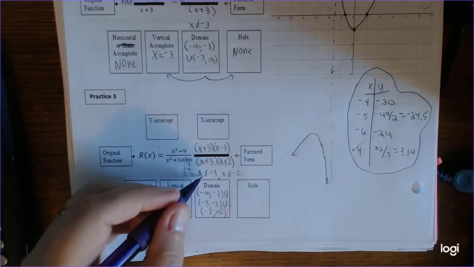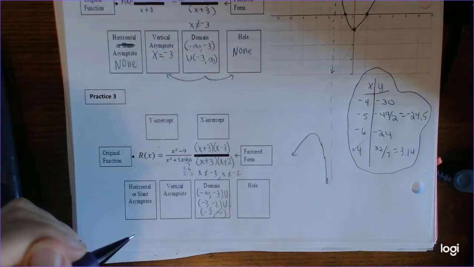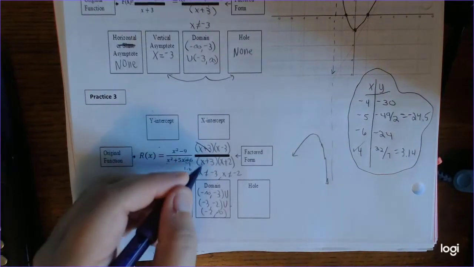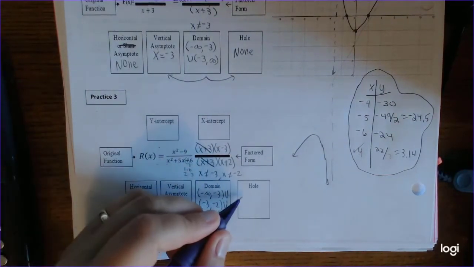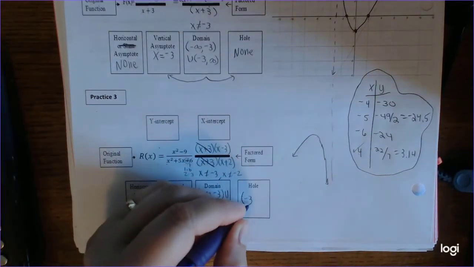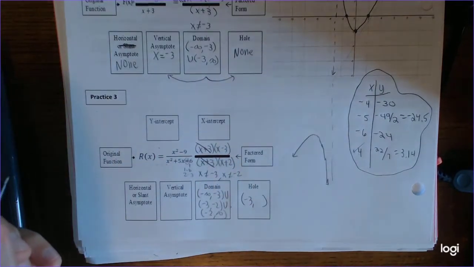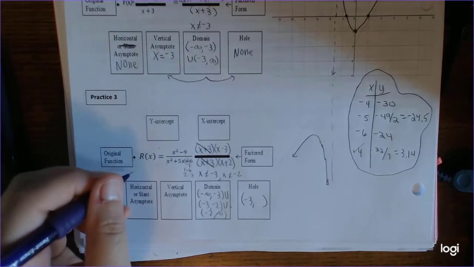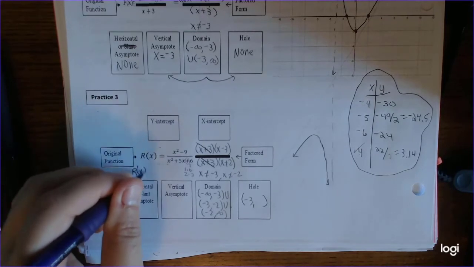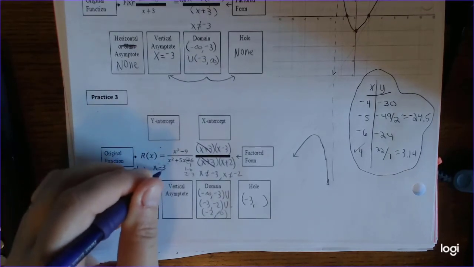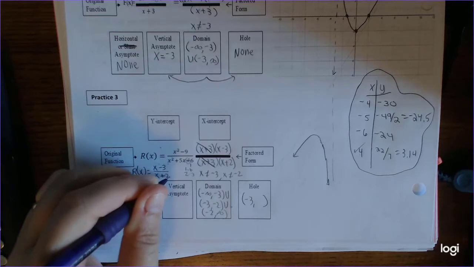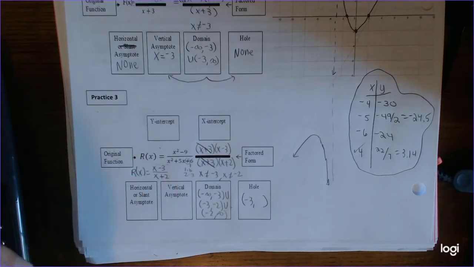After you get the domain, that's when you look and see if you can cancel factors, and these x plus 3 factors cancel. That means you're going to have a hole at negative 3 something. Okay, so let me write down the reduced function. The reduced function is x minus 3 over x plus 2, and that's what you use to find the hole.